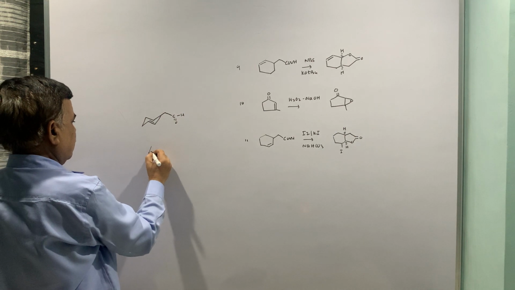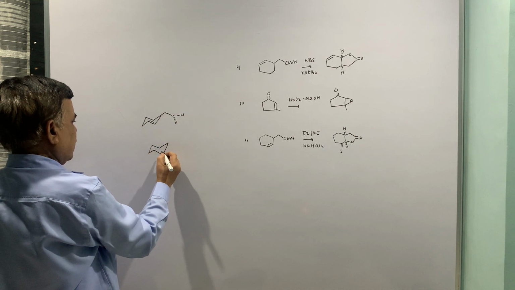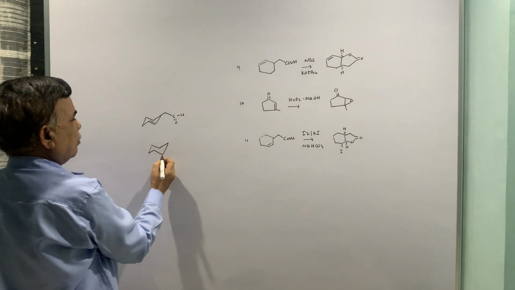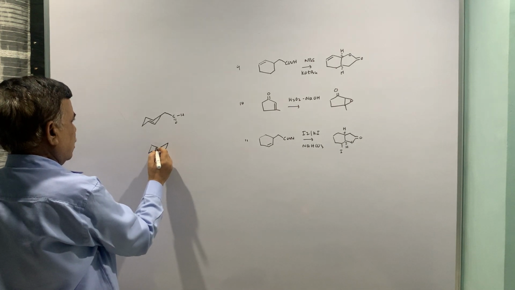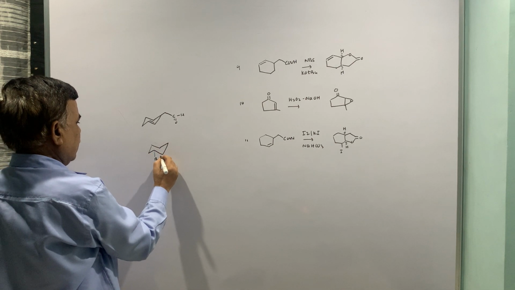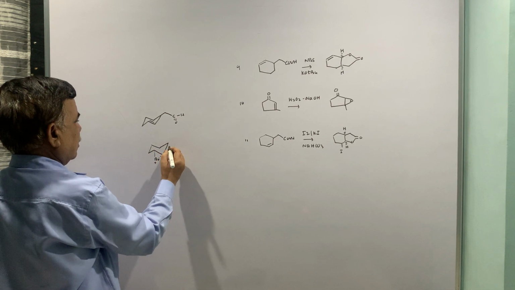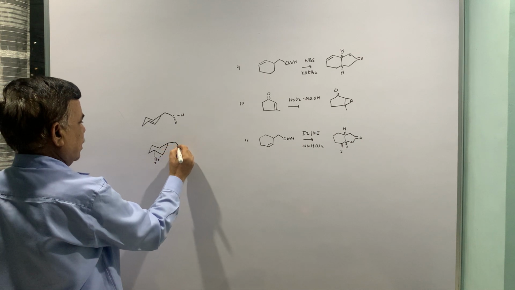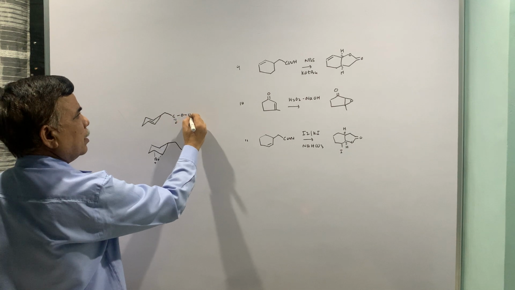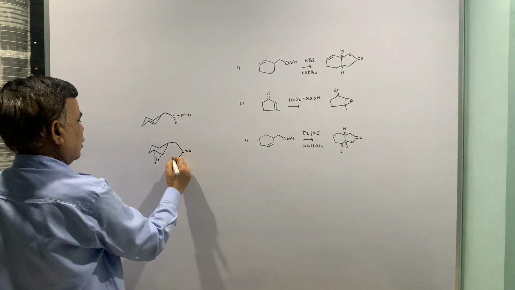NBS also provides the bromonium ion. I am putting one of the bromonium ion here, and then you see OH, not aldehyde, it is OH, COOH.